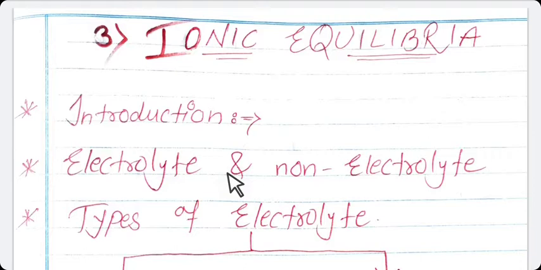Similarly, the opposite, non-electrolytes, are those which do not ionize and exist as molecules in aqueous solution. I hope you are all clear on this. When an electrolyte dissolves in water, it creates ions, and when a non-electrolyte is dissolved in water, it is not ionized, it exists as molecules in aqueous solution.